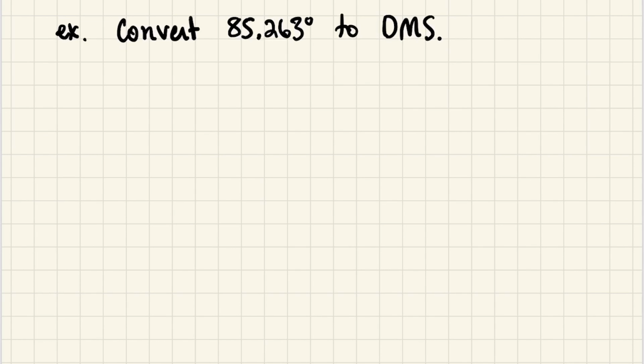So if a problem was given in DMS, we need to take whatever our angle is, let's say we got 85.263, and convert it to DMS. So how would we do that? Well, we know the degrees is going to be 85, right? So the 85 degrees is given. So it's the 0.263 that we need to deal with.